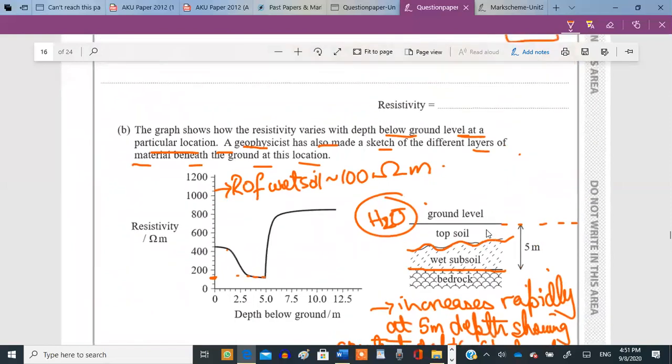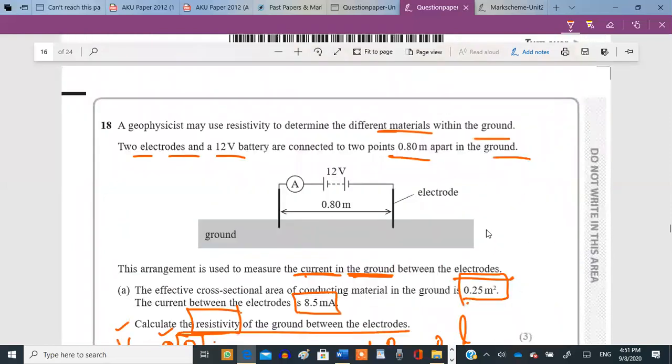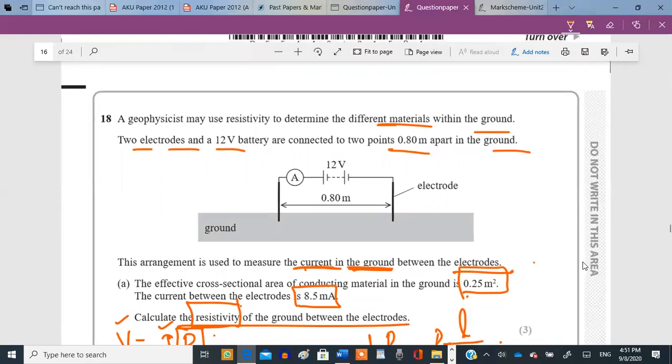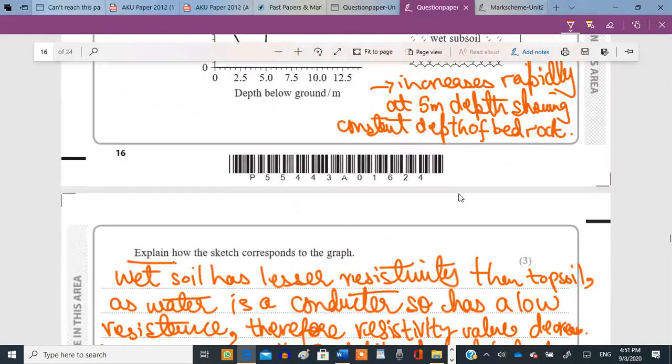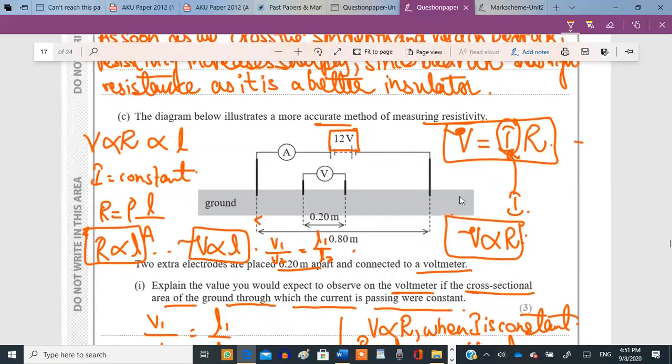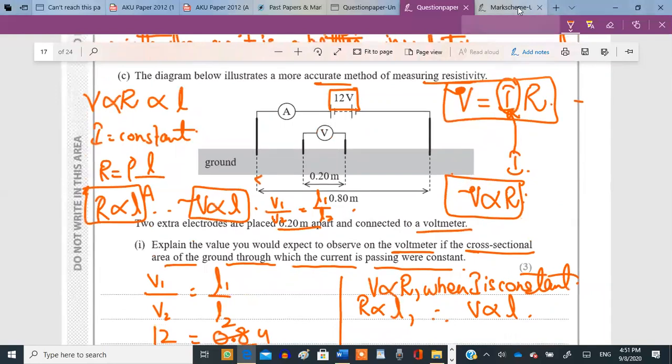The method they used in part A uses only one voltmeter device, and the cross-sectional area of the ground is given, the effective cross-sectional area is given, then the current is measured, and the length is given, 12 volts is applied across only one length. In part B, we are actually using two lengths. So the greater the values of length, the more accurate the answer that you get. So that's the reason actually.